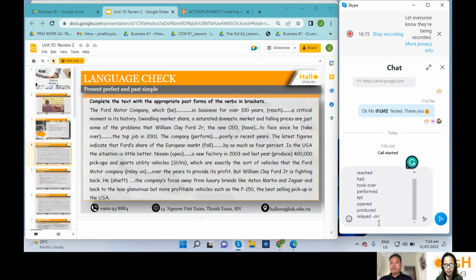He shifted the company's focus away from luxury brands like Aston Martin and Jaguar and back to the less glamorous but more profitable vehicles such as the F-150, the best-selling pickup in the USA.